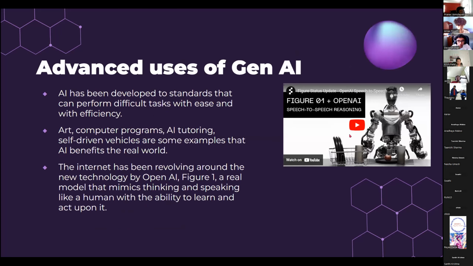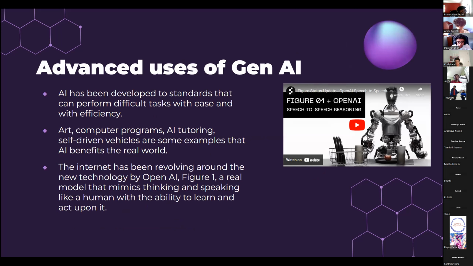Okay, so here we have advanced uses. So we went over how normal it's used for information, designs, promotion of ideas, but now there's also advanced uses of generative AI, how they can handle more difficult tasks. We've already seen this in the world in the past couple of years, how robots can handle like heavy material.